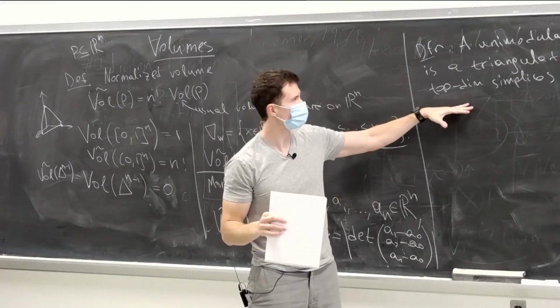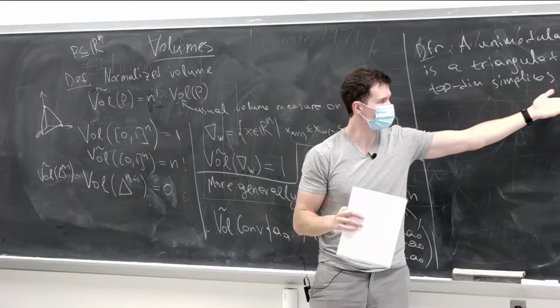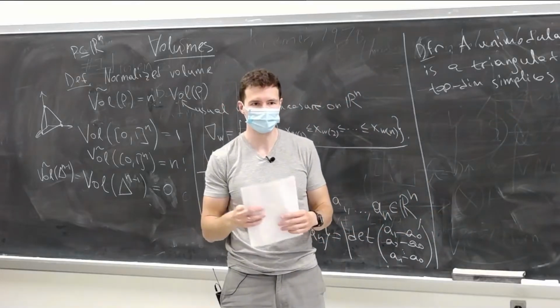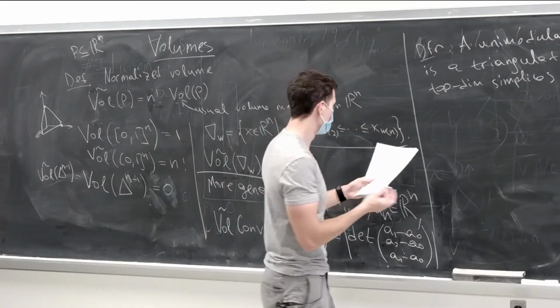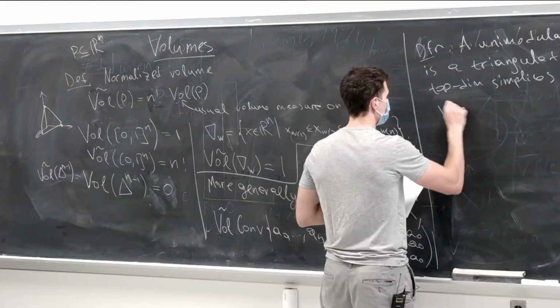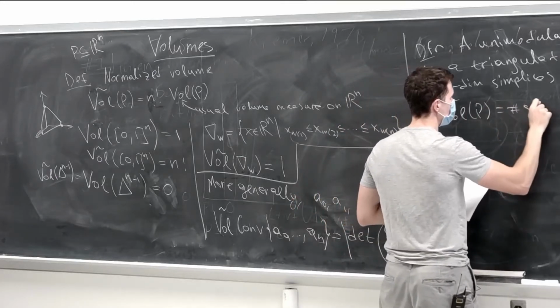You want to subdivide it. If you subdivide into simplices whose volume, each volume is 1, then the volume of the whole polytope becomes an interesting combinatorial number. The normalized volume of P is just the number of such simplices.